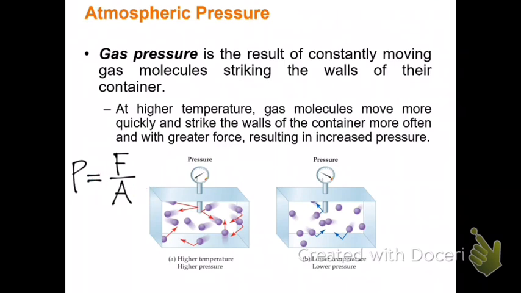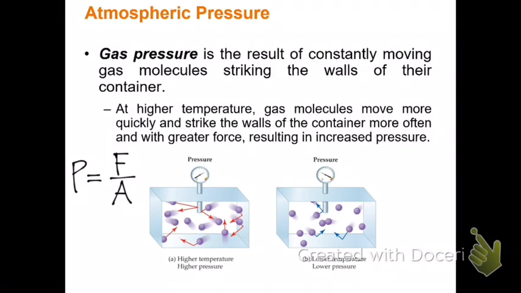So gas pressure is the result of a bunch of gas molecules striking the walls of the container with a specific force in a specific area. At higher temperature, gas molecules have greater kinetic energy, because kinetic energy is related to temperature.